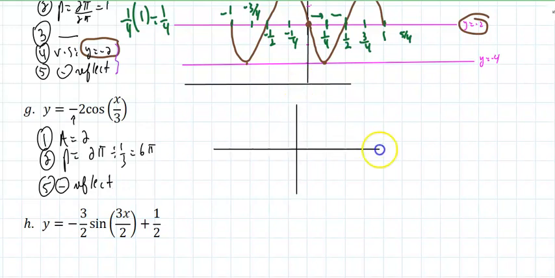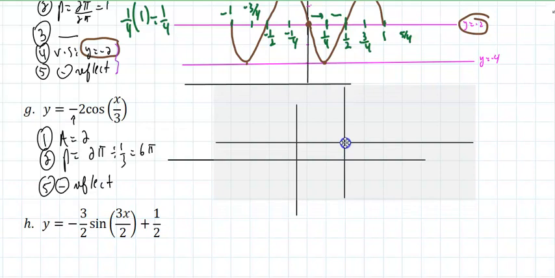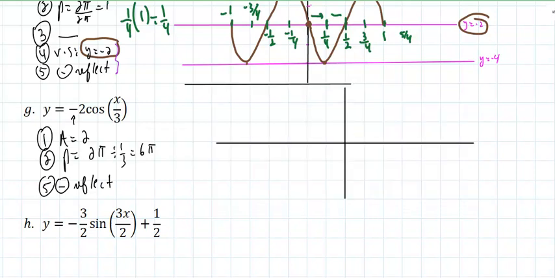So the grid looks like a traditional one. We didn't shift up or down, so starting from the origin, I moved up 2 units. And I labeled that clearly. And I moved 2 units down, and I labeled that clearly.